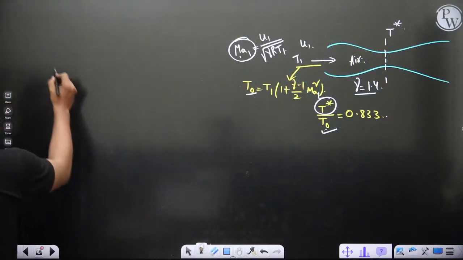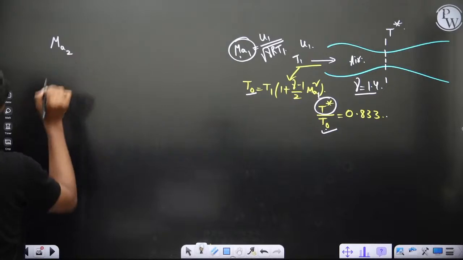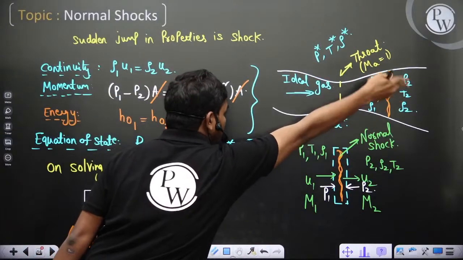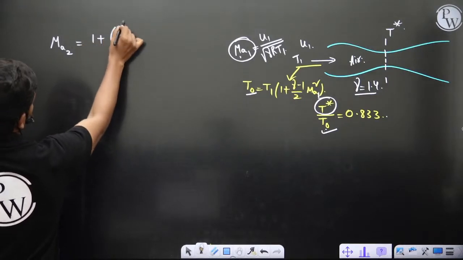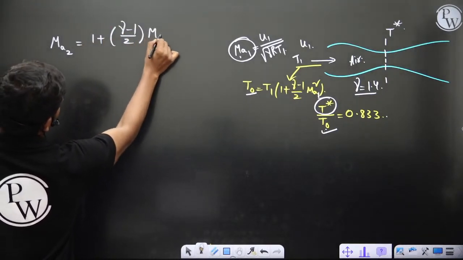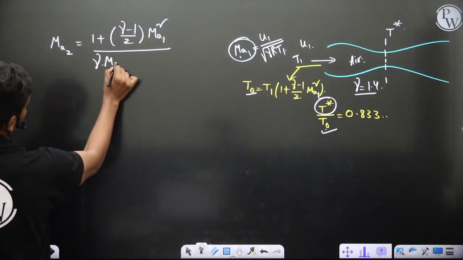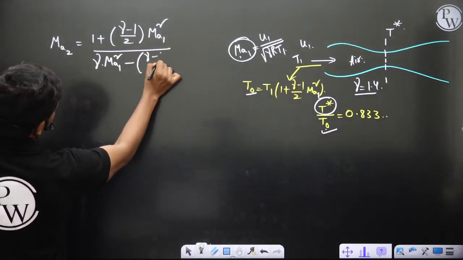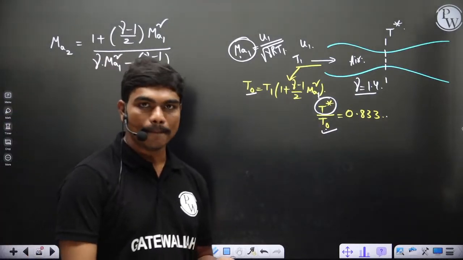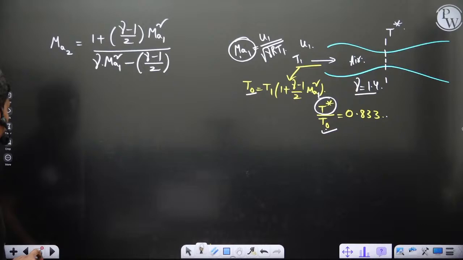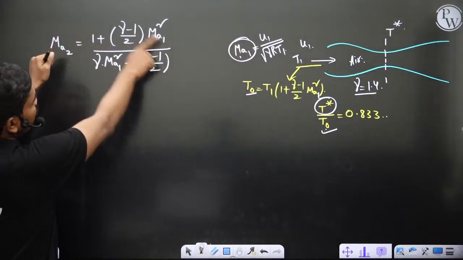Mach number 2, meaning the Mach number at downstream at the second condition, in this downstream region, is equal to 1 plus gamma minus 1 by 2 Mach 1 square divided by gamma times Mach 1 square minus gamma minus 1 by 2. This is the relation you will get for calculating the Mach number M2. So if I give you M1, you can calculate M2 depending on these conditions.